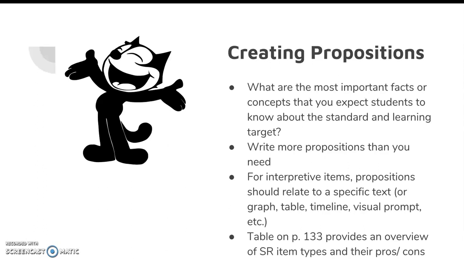And those sentences or statements, those are your propositions, and those are what you're going to be able to use to develop your test bank for the selected response items.